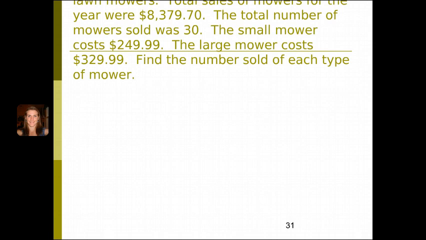Find the number of each type of mower. Okay, so we have to figure out our variables first. So our variables will be small mower and large mower because we do not know how much of each of those were sold. So let's make X our small mower, and so then Y would be our large mower.